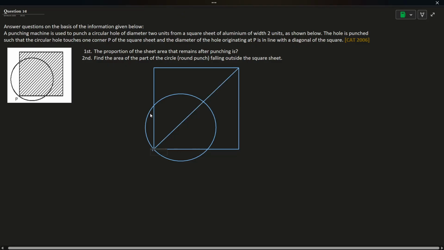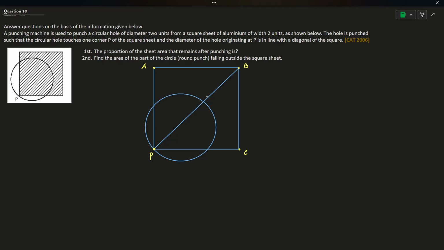All right, this point is given as P. Let's say the other vertices are A, B, C, and this is the diagonal.